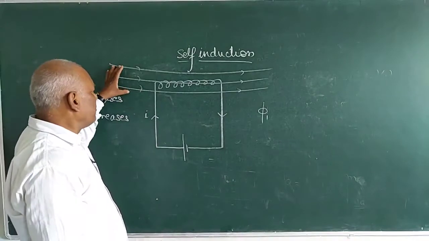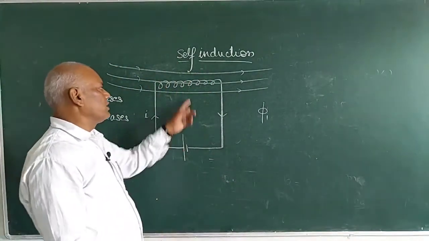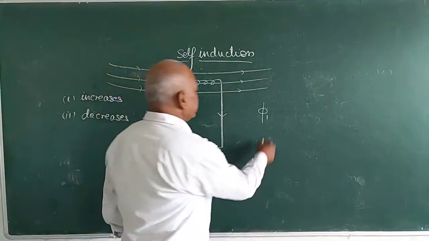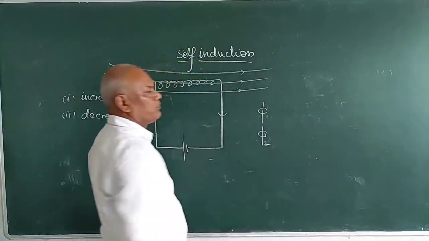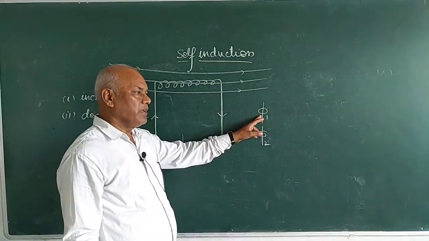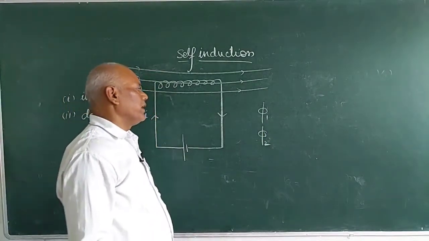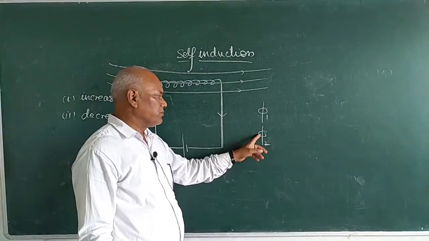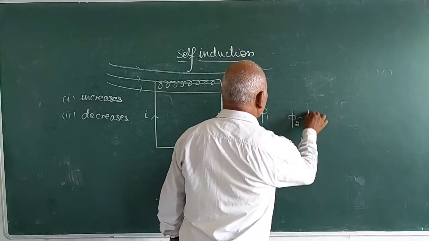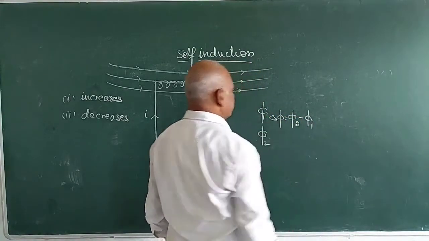This means the number of magnetic lines of force increases. Therefore, the flux attached to each turn of the coil also increases, that is phi 2. So in the initial case it is phi 1, and when the main current suddenly increases, the magnetic flux becomes phi 2. Therefore, phi 2 minus phi 1 is the change of magnetic flux.